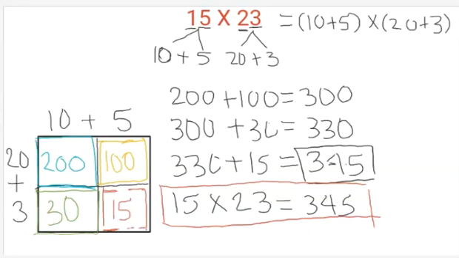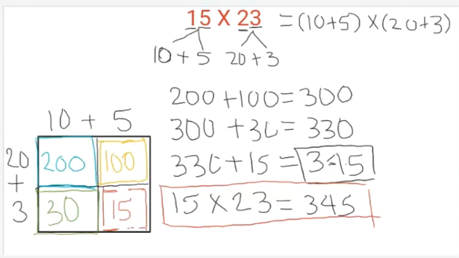So we got 10 times 20 equals 200, 5 times 20 equals 100, 10 times 3 equals 30, and 5 times 3 equals 15. And then at the end, since we broke apart all our numbers, we needed to add them all back together. So that's what we do with the numbers that are inside our big square, is we add them back together to get our final answer.